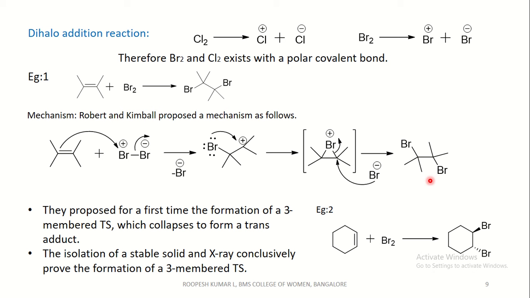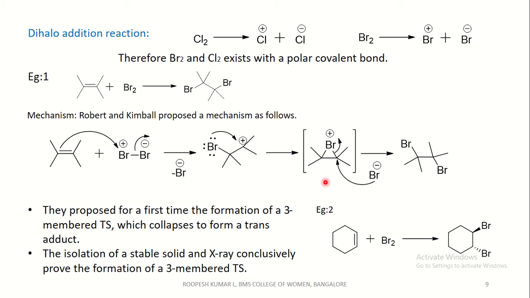Thus Roberts and Kimball proposed for the first time the formation of a three-membered transition state which collapses to form a trans adduct. This three-membered transition state is a bromonium ion. The isolation of a stable solid and X-ray conclusively prove the formation of a three-membered transition state.